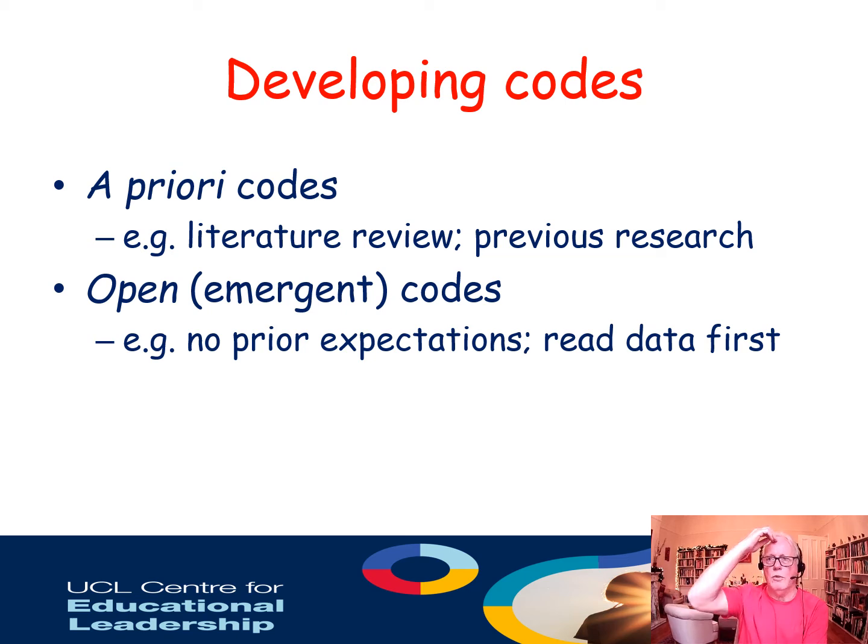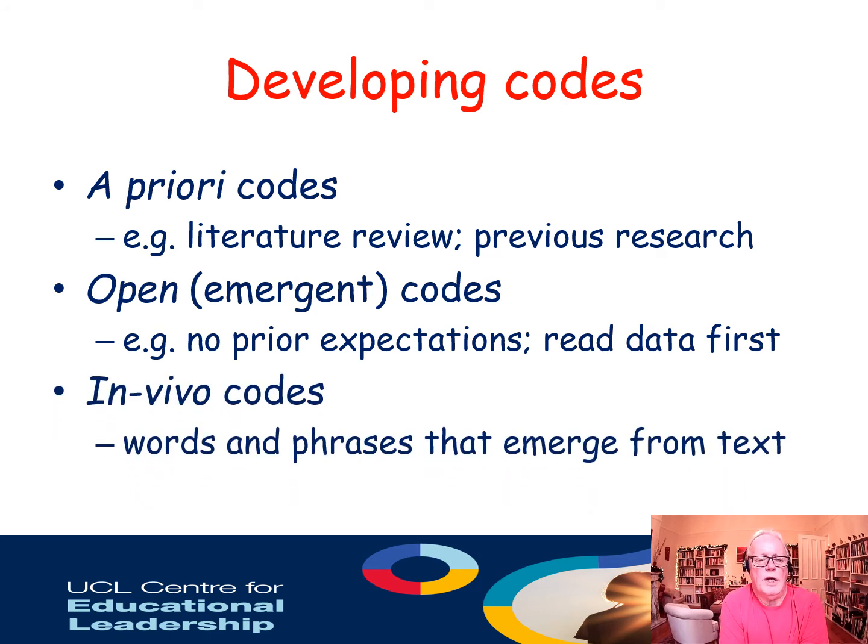But what I saw was people talking time and time again about the support they got from another person, either a colleague or someone who'd been in post for some time in another school, another situation. And it became obvious that there was this aspect of mentoring going on. It was described in very many ways, but it's what's called open codes or emergent codes. So you expect things to sometimes emerge which you hadn't anticipated, which is great. There are some warnings about how we manage that, but we'll come back to that.